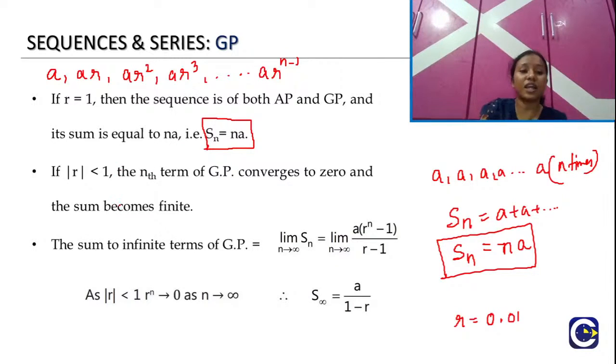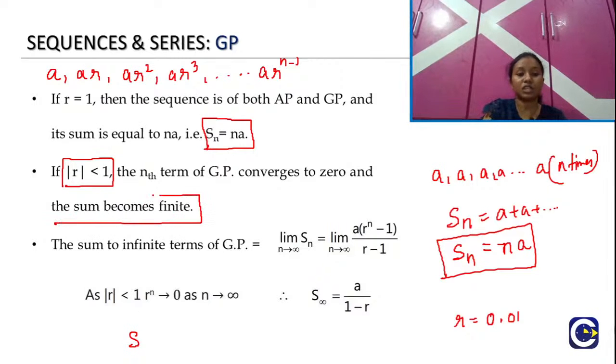That's why when the common ratio is less than 1, our sum of the n terms will have a finite value. The sum becomes a finite value because we have r less than 1, which means it is in terms of 0 point something. When we take it as r, that will be fine.